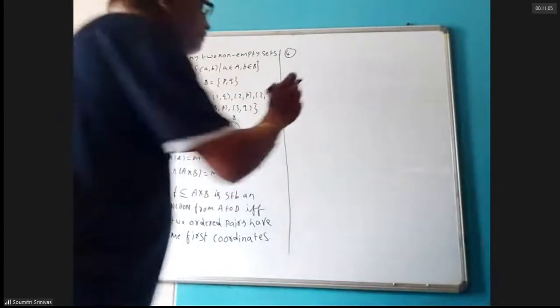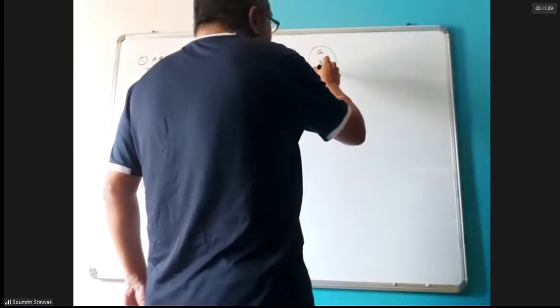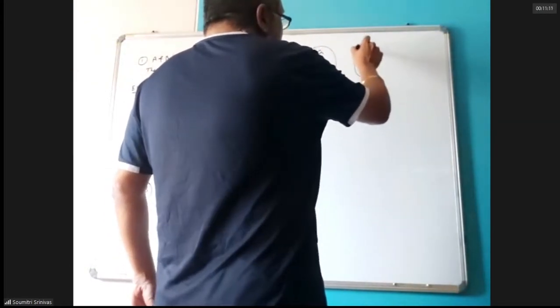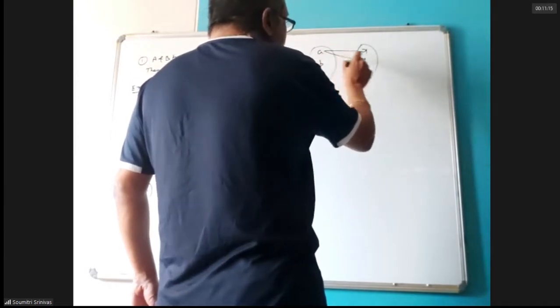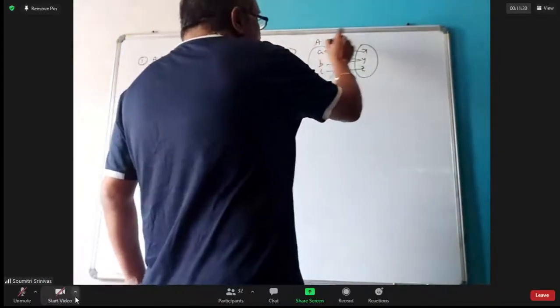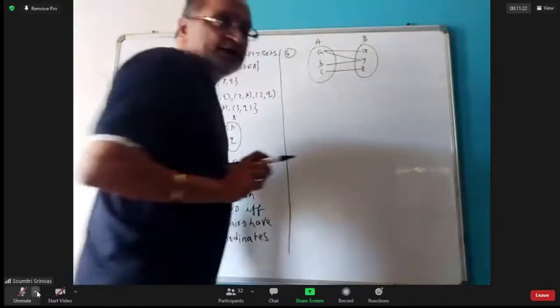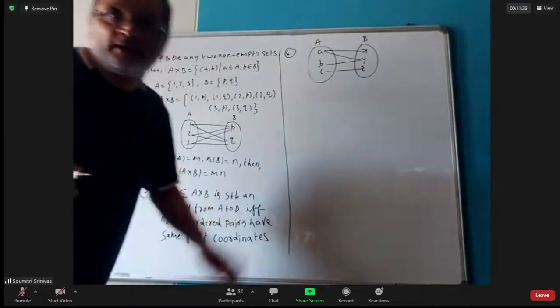Look here. A, B, C and X, Y, Z. Is this a function from A to B?